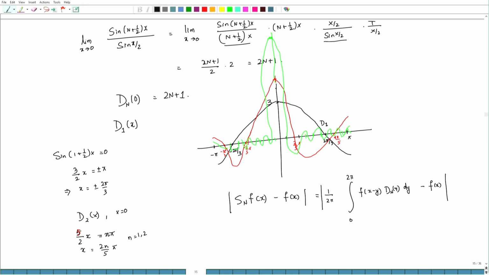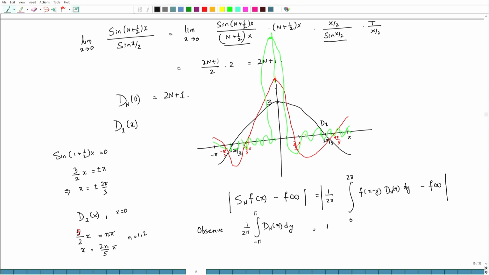Now observe the integral 1 by 2 pi, minus pi to pi, of D_n of y dy.